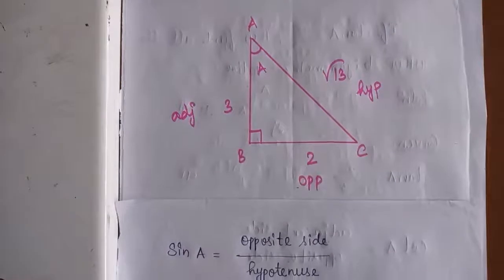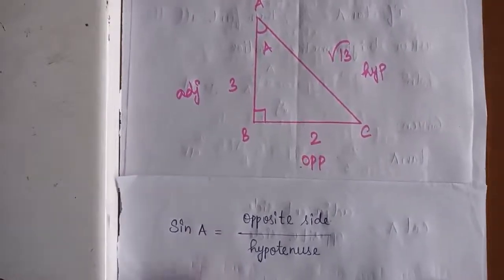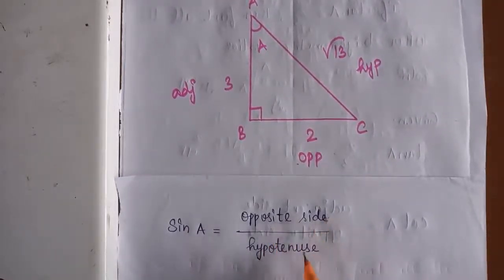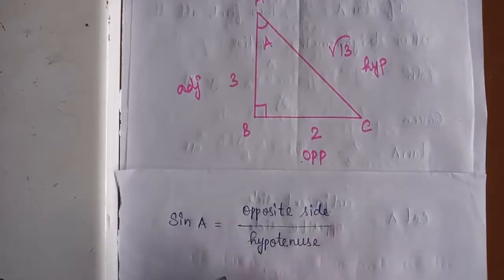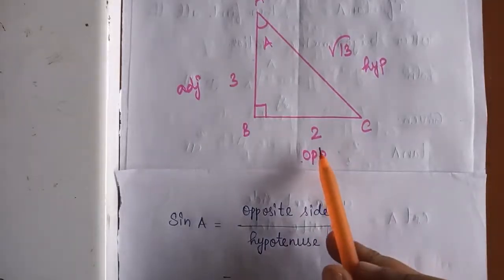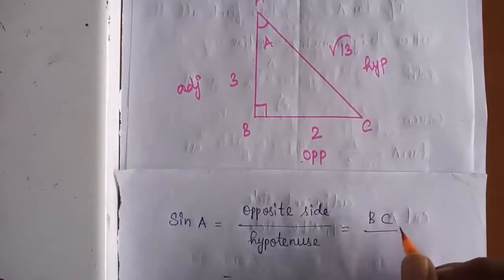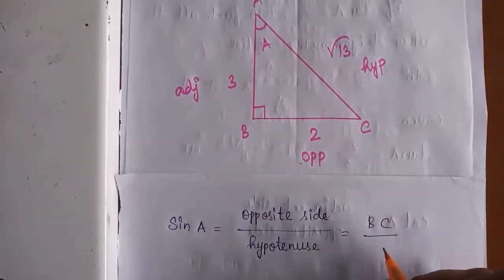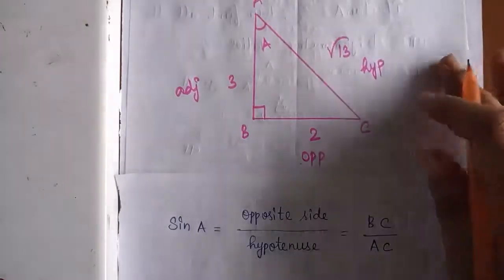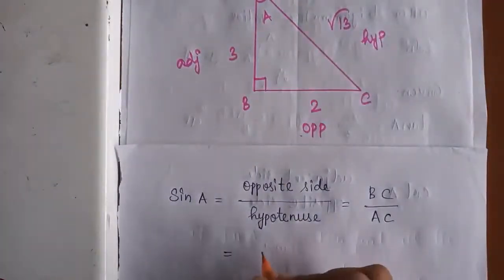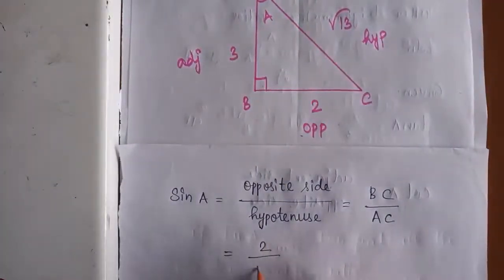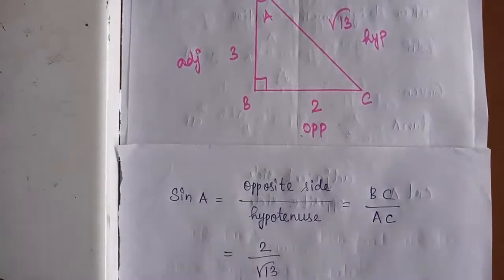The first trigonometric ratio is sin A. So sin A is equal to opposite side by hypotenuse, which is equal to the opposite side is BC. So BC divided by the hypotenuse is AC, BC divided by AC, which is nothing but BC value is 2 by AC is root 13.